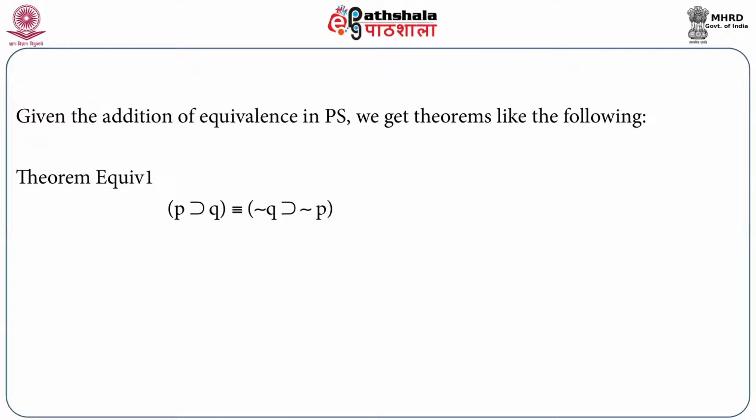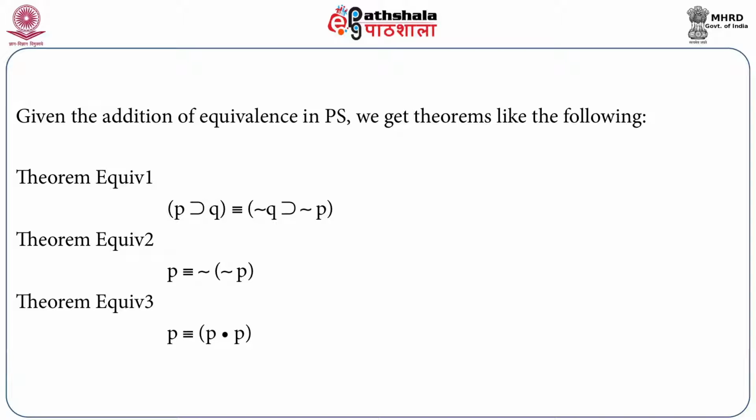Theorem of equivalence 1. P implies Q is materially equivalent to if not Q implies not P. Theorem equivalence 2 is P materially equivalent to not not P. Theorem equivalence 3.